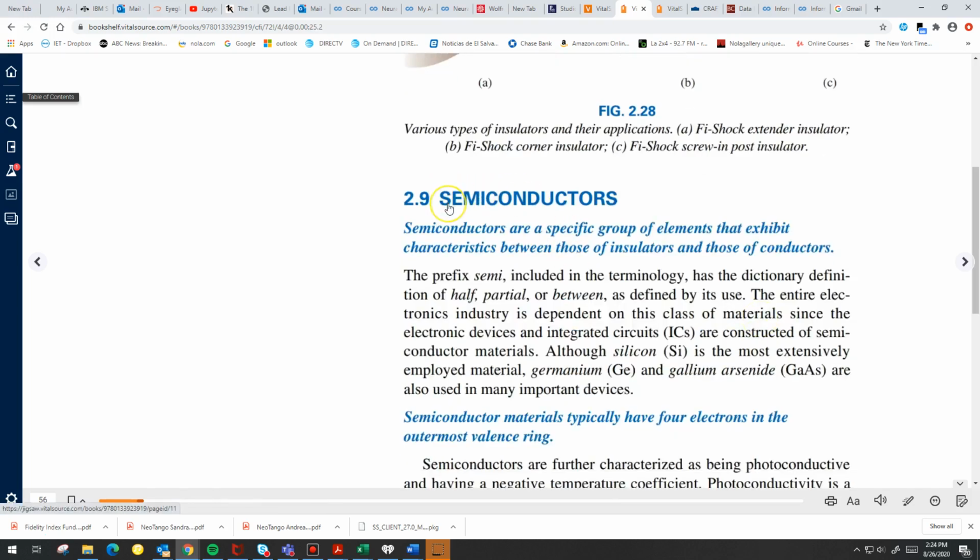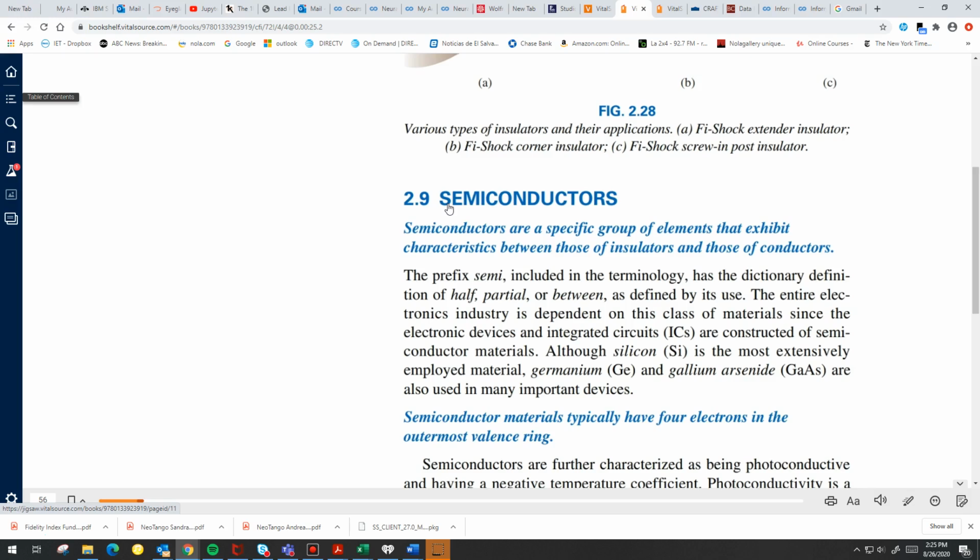We're not going to be using or looking at semiconductors. Semiconductors are a mixture of the two, if you want to know that. It's a mixture of a good conductor and a good insulator. You're going to be looking at semiconductors later in electronics, not even in AC, but maybe later in electronics.